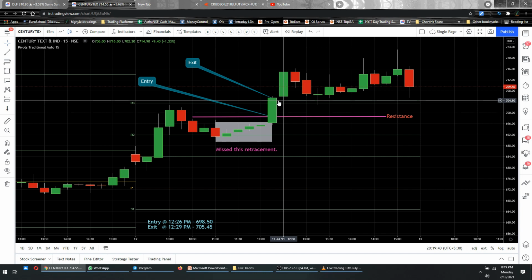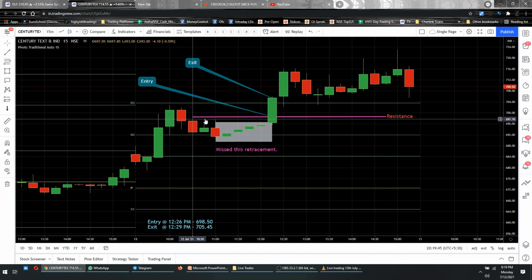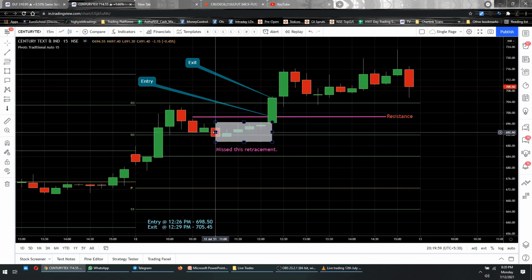So the first thing I looked out for is the resistance. The purple line that you see here is a kind of resistance if you know the basics of price action. Why am I calling this purple line a resistance? Because this particular point has been touched multiple times, but the script was unable to breach it.